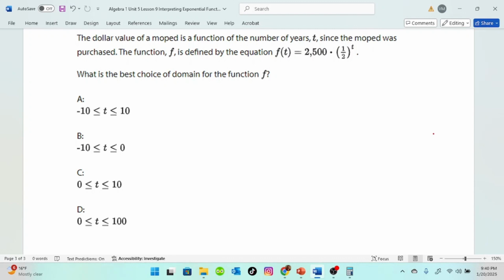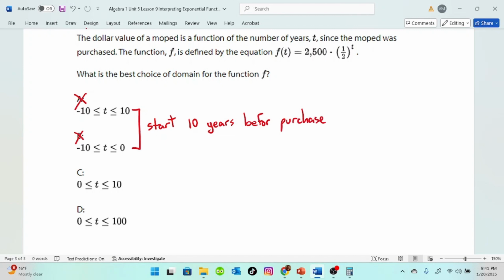You would get an astronomically high price that realistically a moped would never hit. $2,500 is a realistic purchase price for a moped. So we're going to eliminate A and B because they start 10 years before purchase.